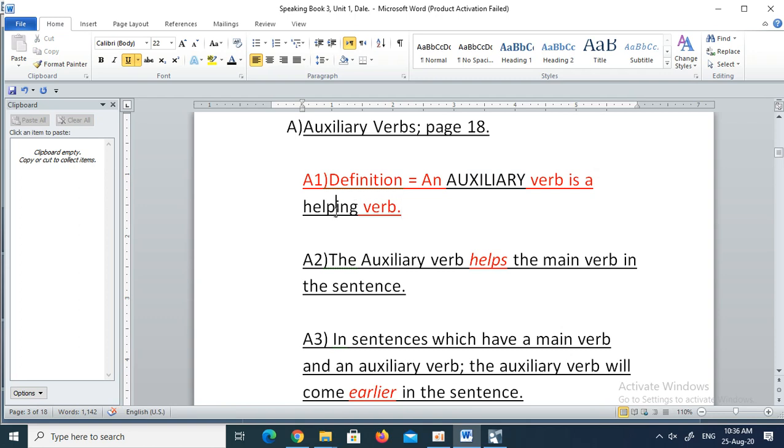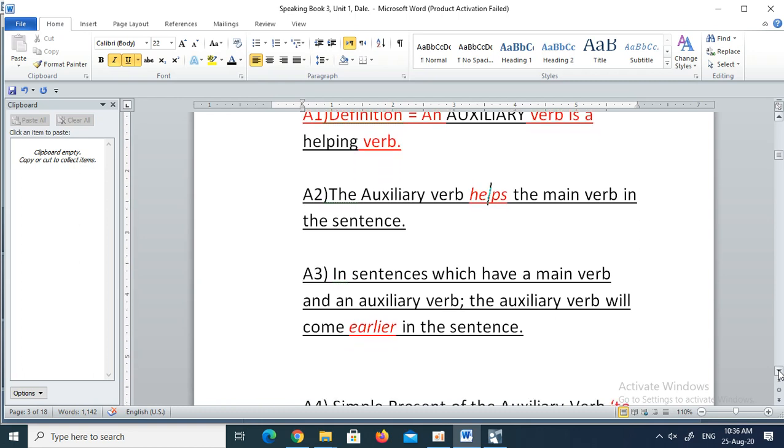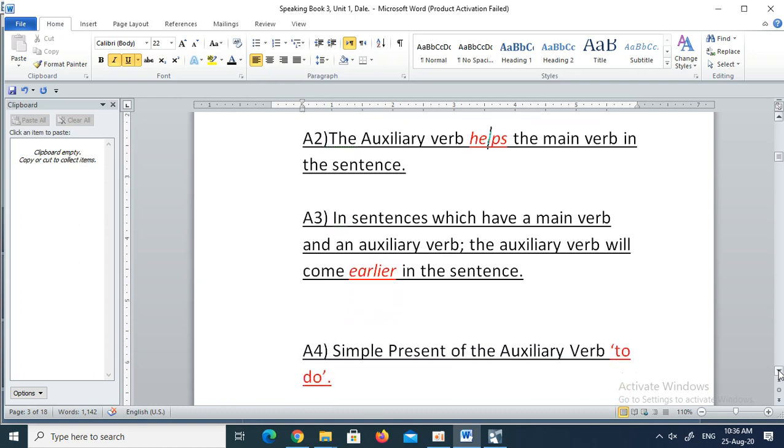An auxiliary verb is a helping verb. The auxiliary verb helps the main verb in the sentence. The auxiliary verb is in a sentence to help the main verb.